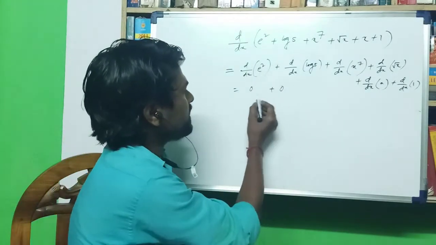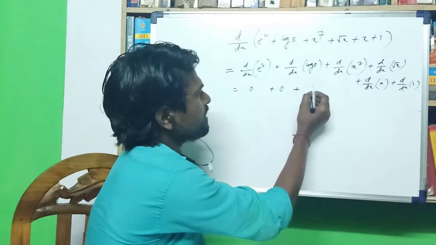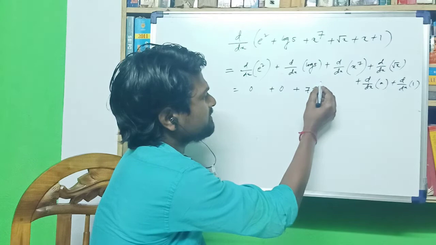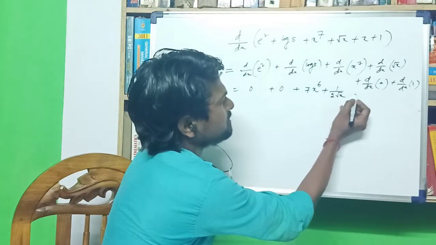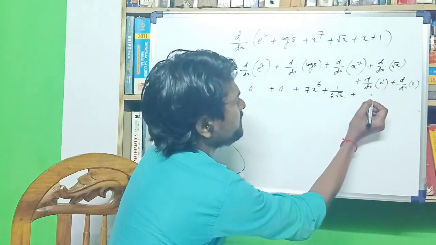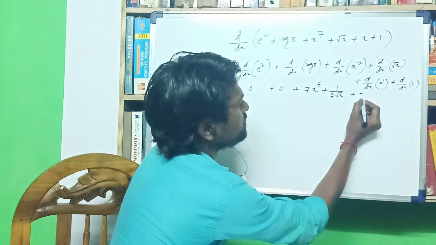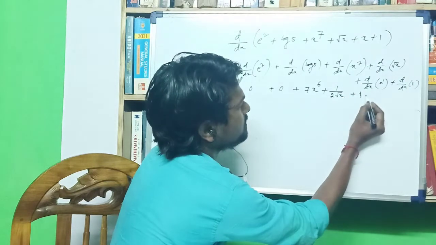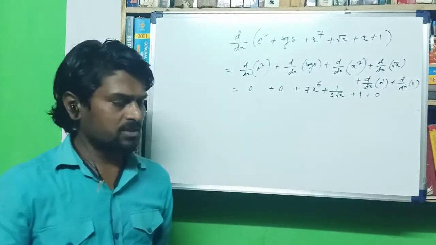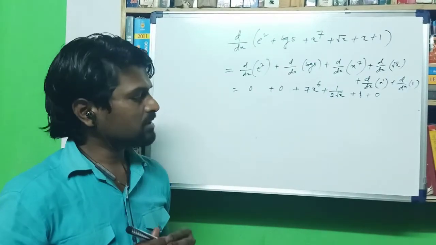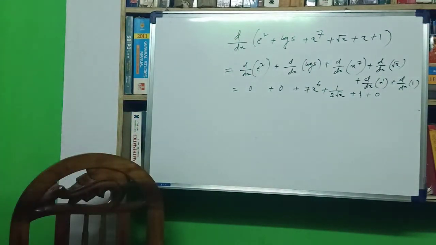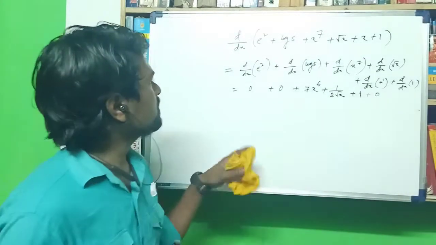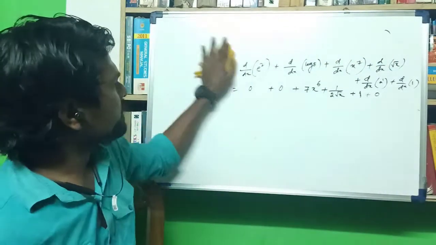So d/dx of e square equals 0, d/dx of this equals 0, and this one is 7x to the power of 7 minus 1, that is 6, and d/dx of root x means 1 by 2 root x. d/dx of x means the power of x is 1, that is 1x to the power 1 minus 1, that is x to the 0, that is 1, then d/dx of 1 means 0. So the differentiation is like that.